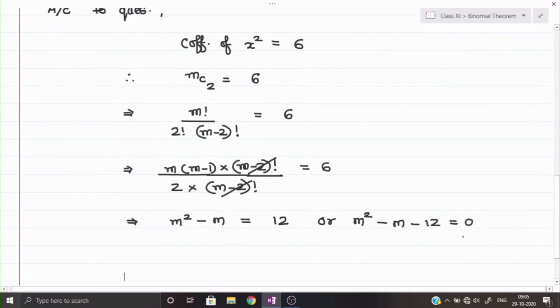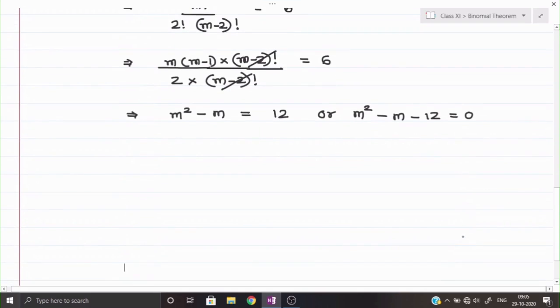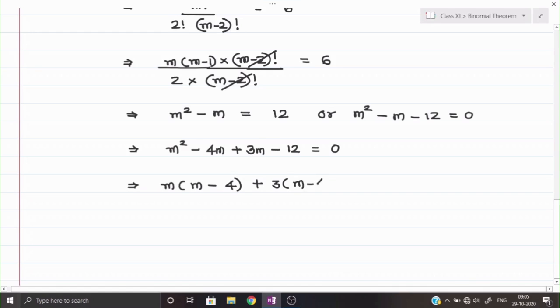Now let us simplify this equation. The multiplication required is 12, so we can write m square minus 4m plus 3m minus 12 is equal to 0, right? So here m we can take common, remaining is m minus 4, plus 3 we can take common, remaining is again m minus 4, is equal to 0.